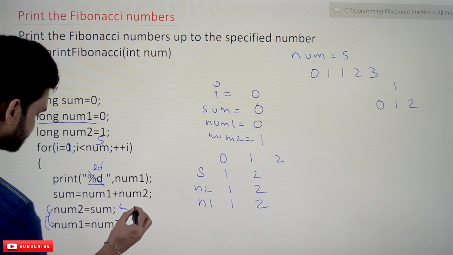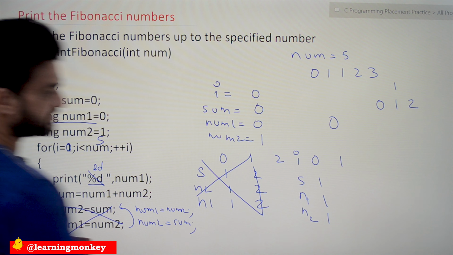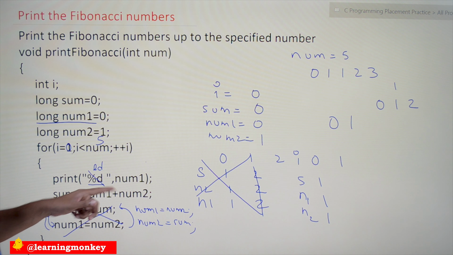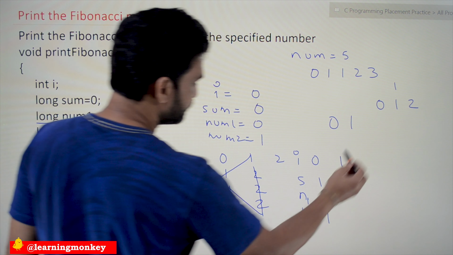In the second iteration, when the value of i is equal to 1, num1 is 1, and it will get printed. Sum is equal to num1 plus num2, so the sum is equal to 2. n1 is equal to n2, and n2 is equal to sum, which means 2.